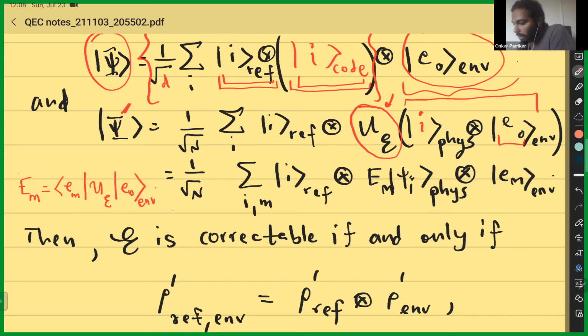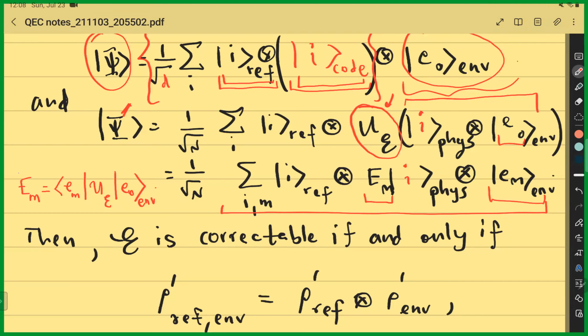Using this expression, you can simply check that this state psi prime can be written in terms of the Kraus operators like so: it's the mth Kraus operator acting on the physical factor, and then this thing here becomes E m.